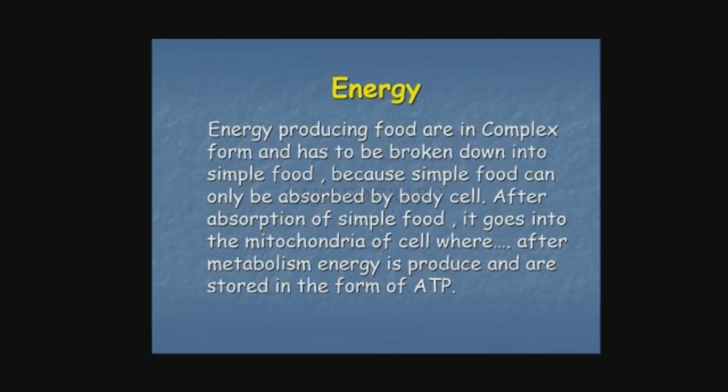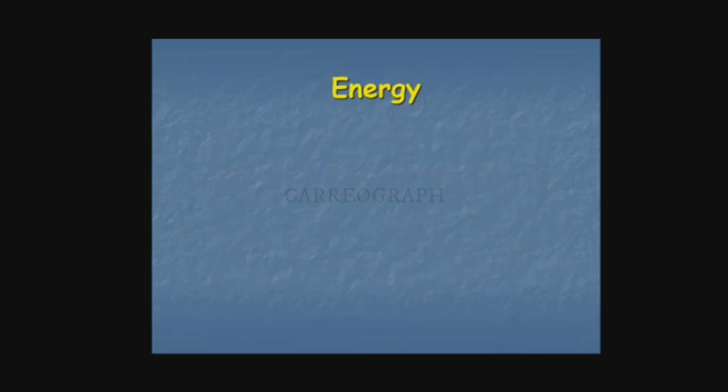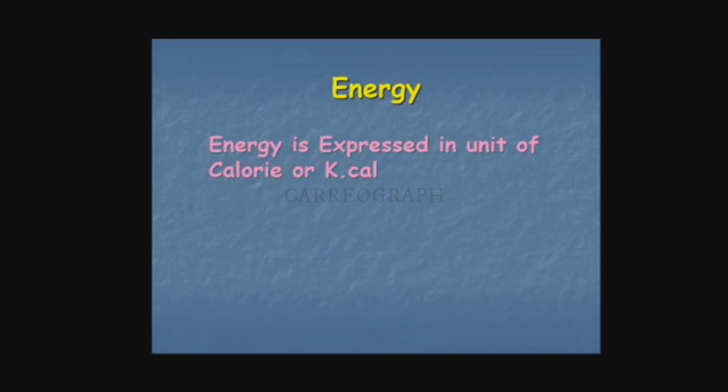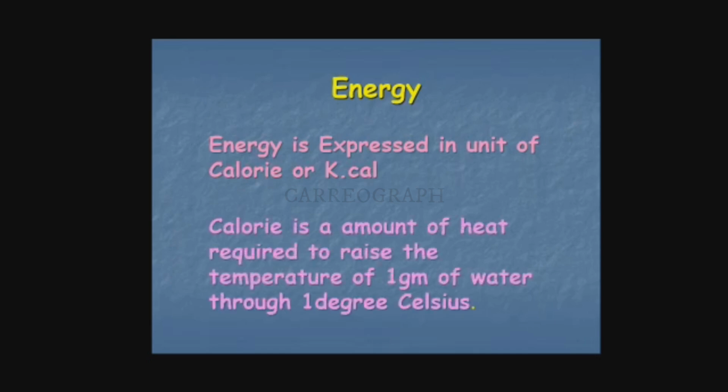This energy is expressed in the unit of calorie or kcal, that is kilocalorie, and 1 calorie is the amount of heat required to raise the temperature of 1 gram of water through 1 degree centigrade.